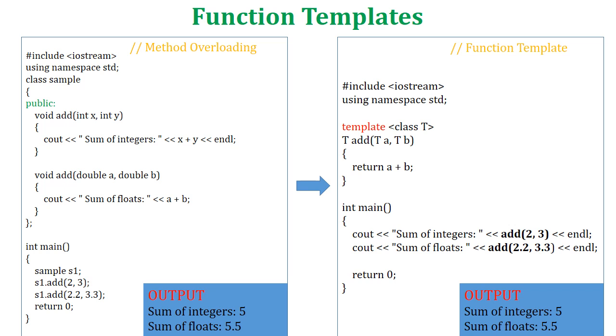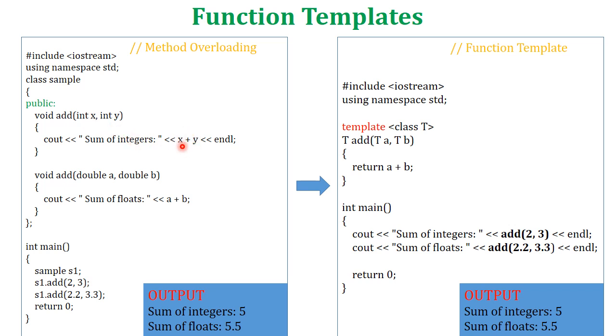For example, class sample. Here two different data types we are going to handle: integer data type and then double data type. So here we need to write a separate function to deal with each data type. For example, void add, the parameters are integer x and integer y.